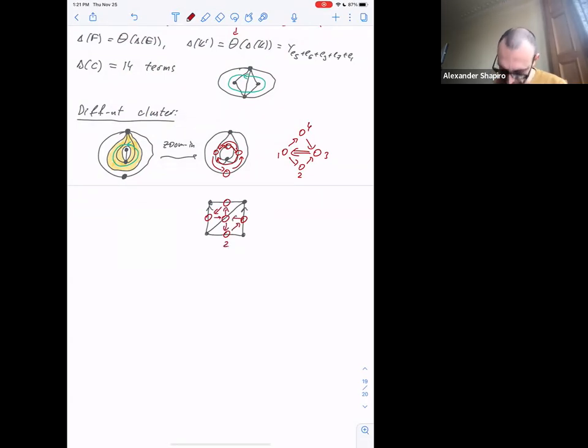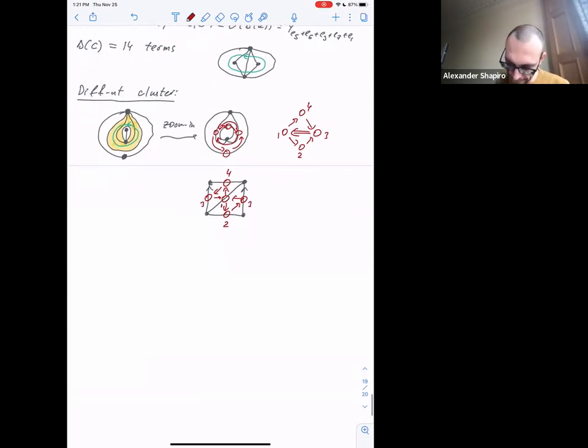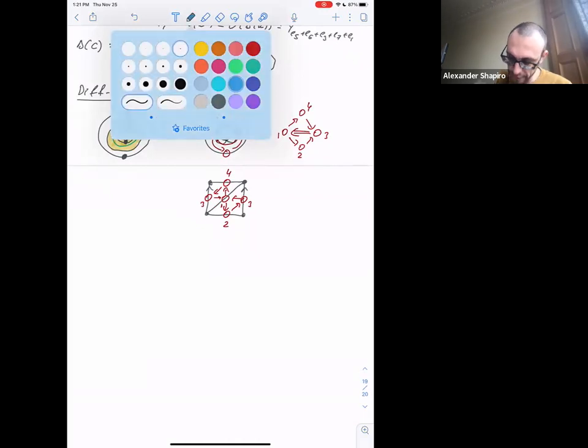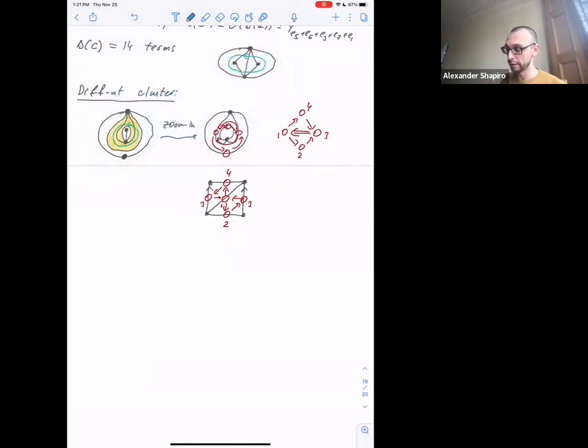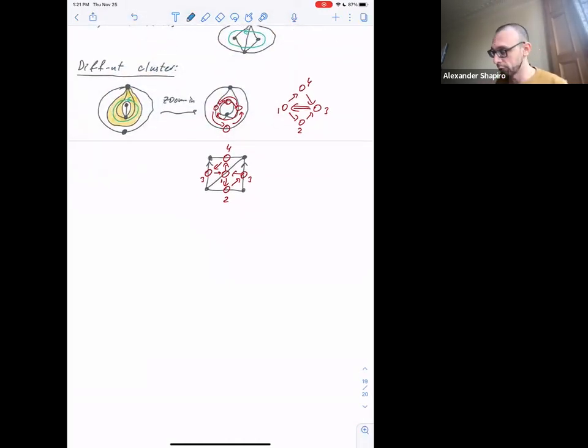So we have vertex 2 on the bottom, vertex 4 on the top, vertex 1 in the middle, and this is what vertex 3 is. These sides just get glued together. And if we then recall these pictures, these black-white networks that Sasha was drawing, so let me recover them. It's a dual graph to our quiver.